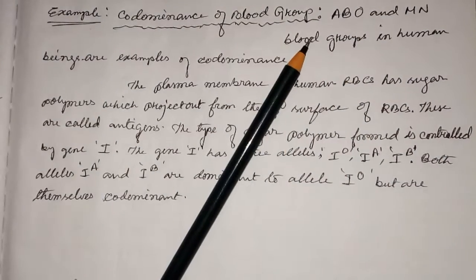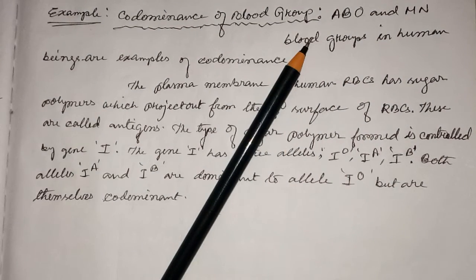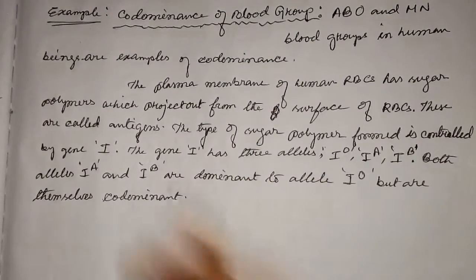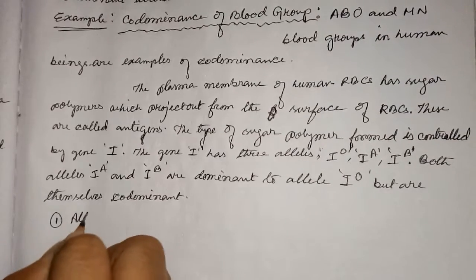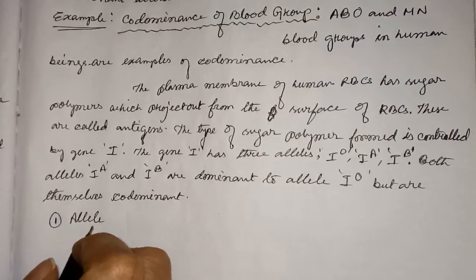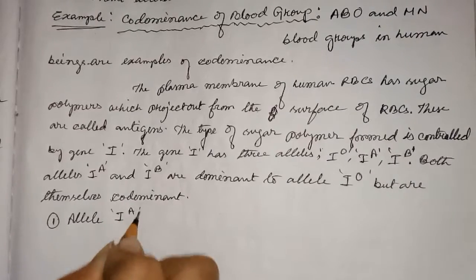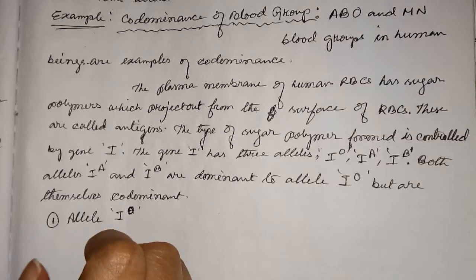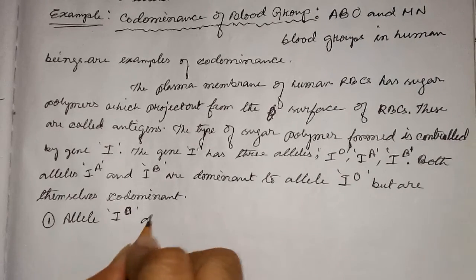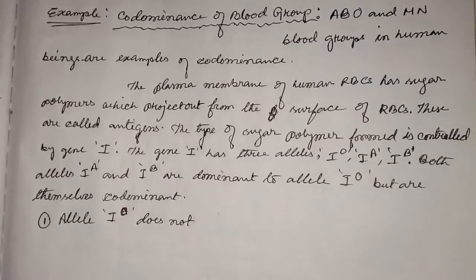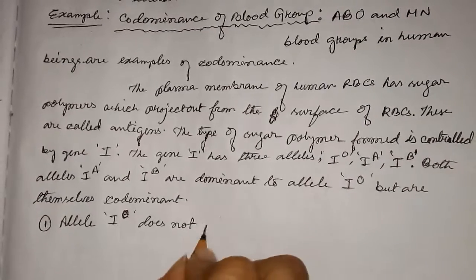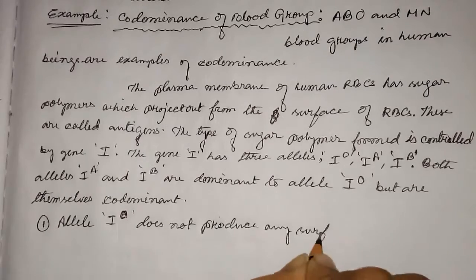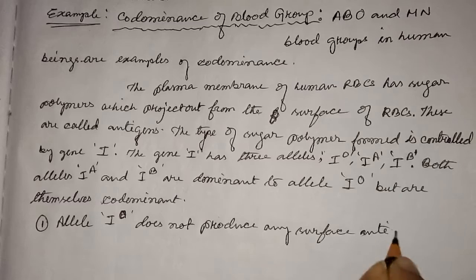So now allele IO does not produce any surface antigen.